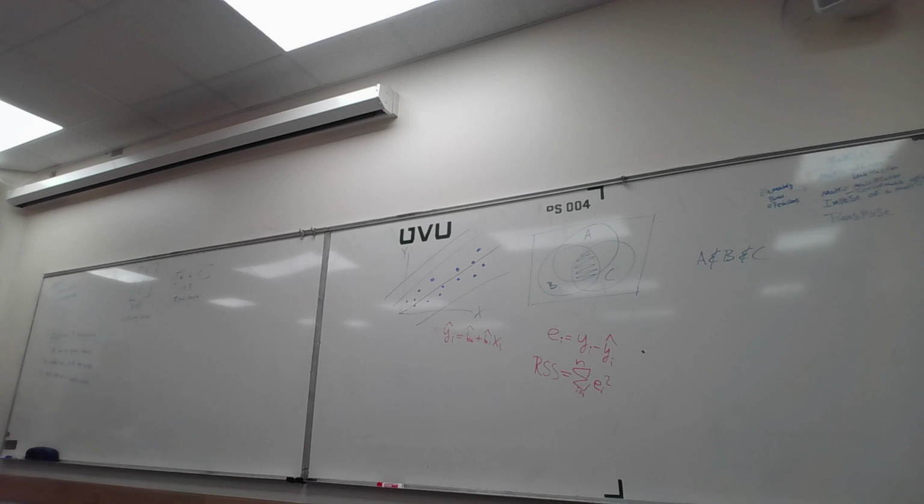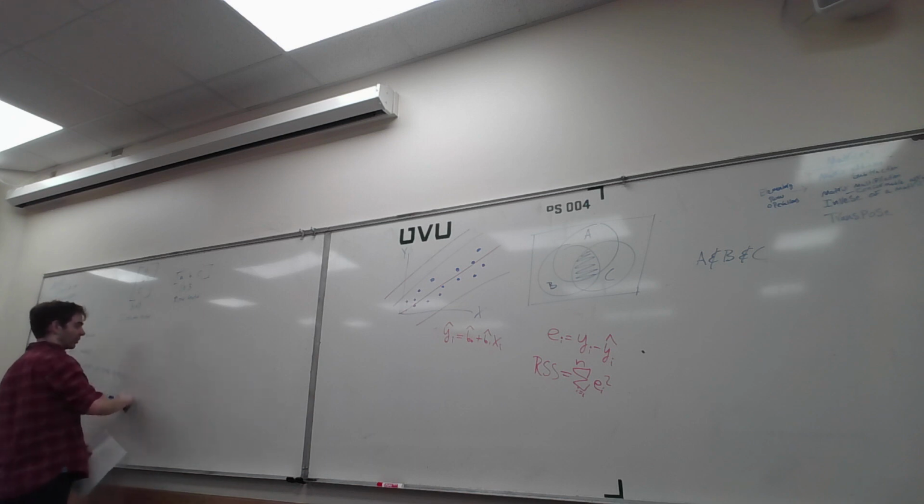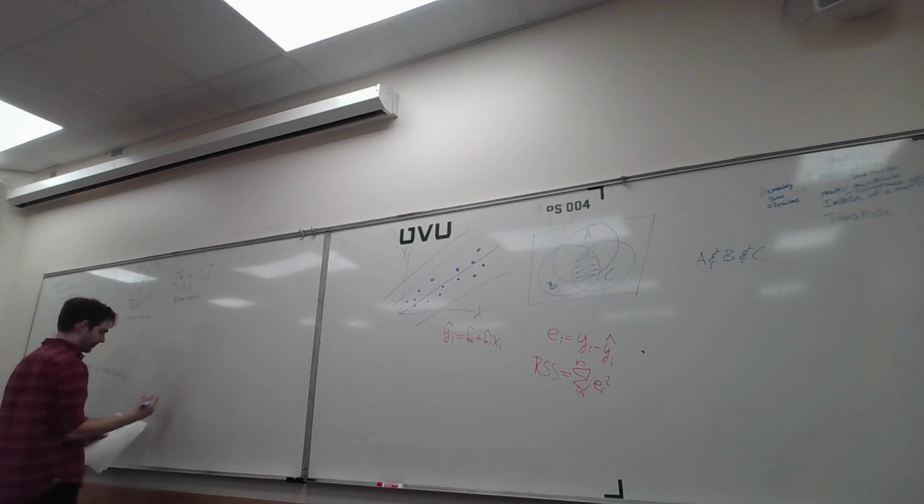I wrote subtraction there, but this is also true for addition, right? In order for A minus B to exist or A plus B to exist, then B must also be an M by N matrix. So this is how addition and subtraction work in matrices, right?